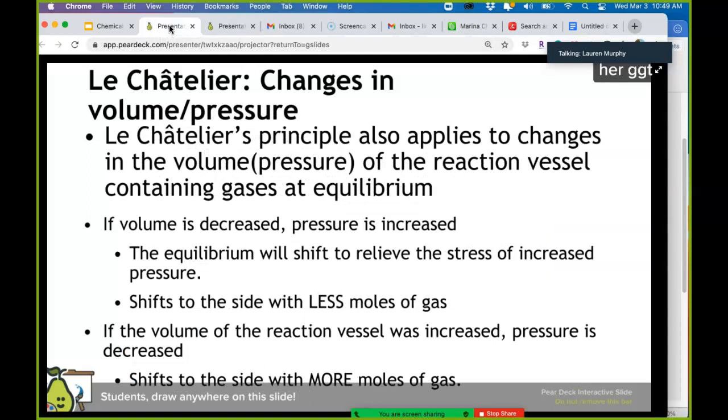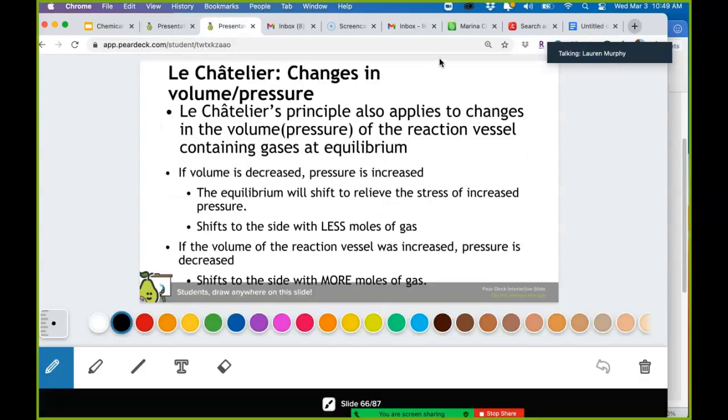Pressure or volume. So let's remember back in the gases chapter, a decrease in volume is an increase in pressure. And then vice versa, an increase in volume is a decrease in pressure. Messing with volume or pressure will only affect gases.